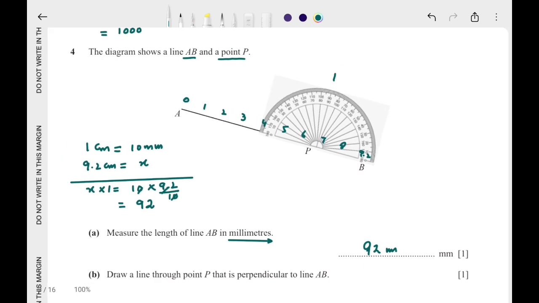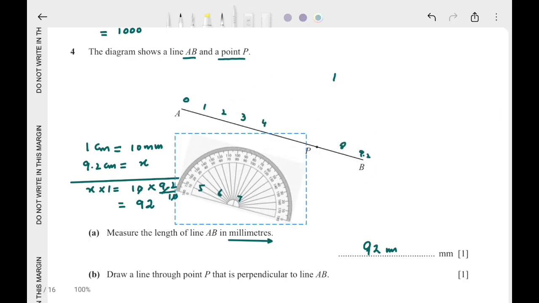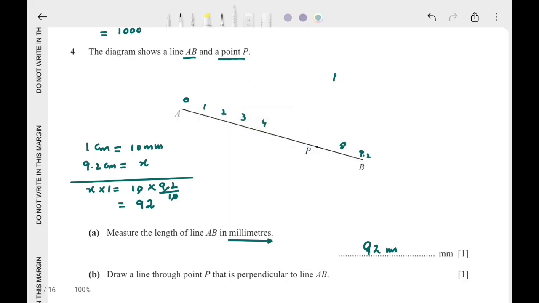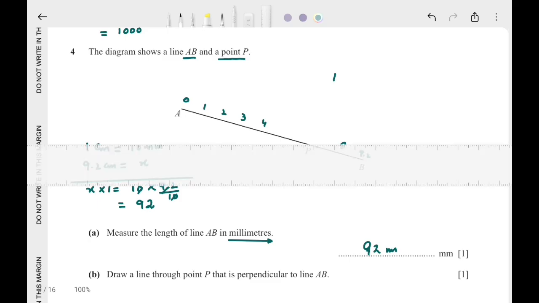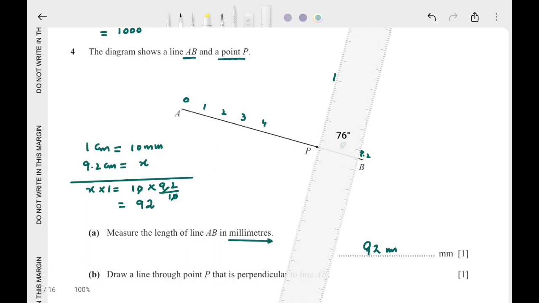Now we remove the protractor. Now with the help of the scale we will draw a line. So this is the line that is perpendicular to line AB and passes through P.